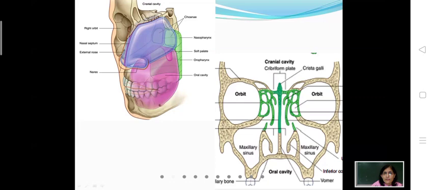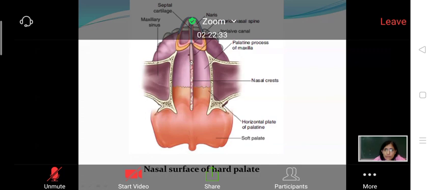Here it is shown, this is nasal cavity seen from the superior aspect. These purple colored two palatine processes of the maxillae are articulating here, and these are the two horizontal plates of palatines articulating here in the midline. At their articulation, there is an elevation in the midline from anterior to posterior aspect.